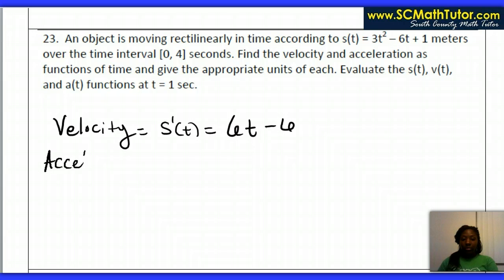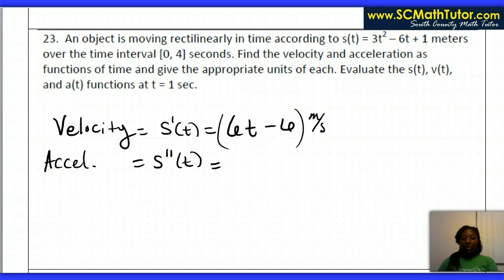Acceleration is the same thing as second derivative. Well, the velocity is just meters per second. Second derivative, so the derivative of the derivative, is just 6. And meters per second squared is acceleration.